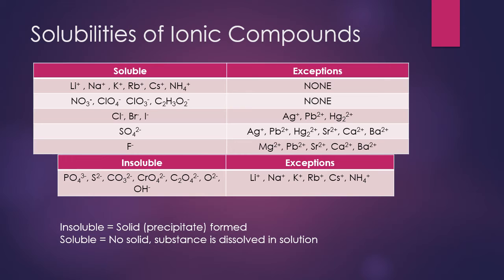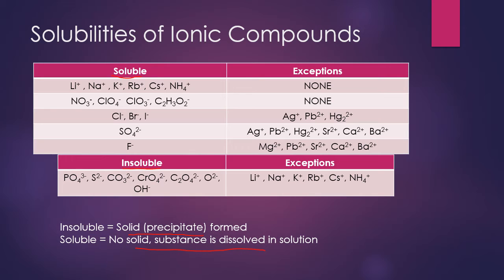You'll notice we see the words soluble and insoluble. What soluble means is the substance is dissolved, so no solid formed. If you hear the word soluble, that means it dissolved. The word insoluble then will mean that a solid or a precipitate has formed.